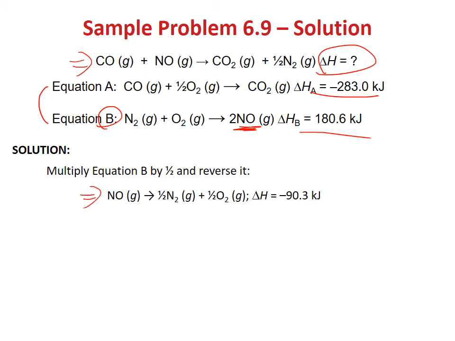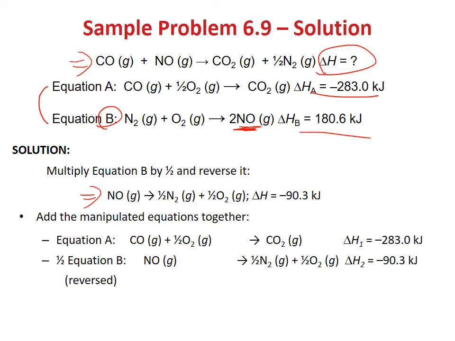Okay, now let's see if they start with the same reactants and end up with the same products. We need to add these two together. Here is A, where the reactant is CO, and here is modified B, where we have NO. Now we still have oxygen as a reactant, but we also have oxygen as a product here.